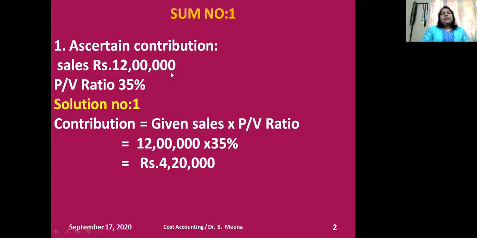So 12 lakhs into 35% gives 4,20,000 as contribution. Whenever sales and PV ratio are given, just multiply both, and it tells you the contribution.